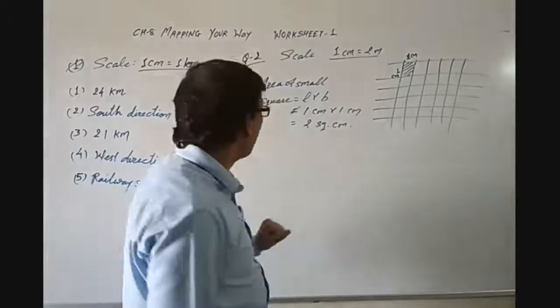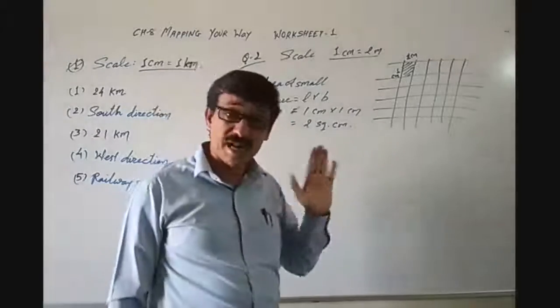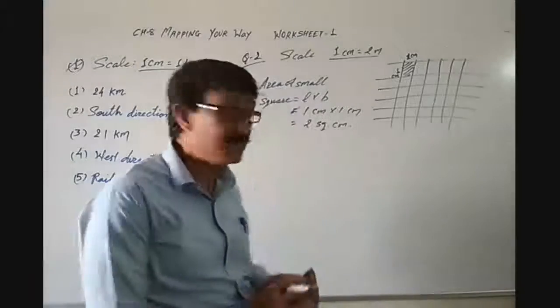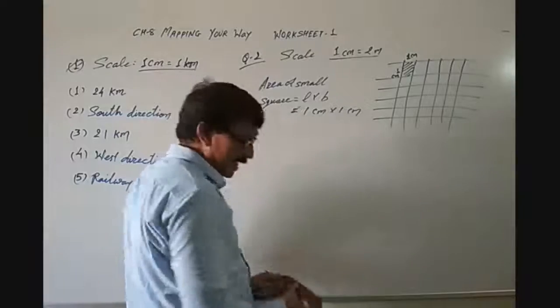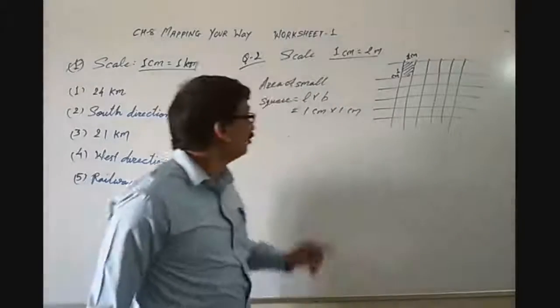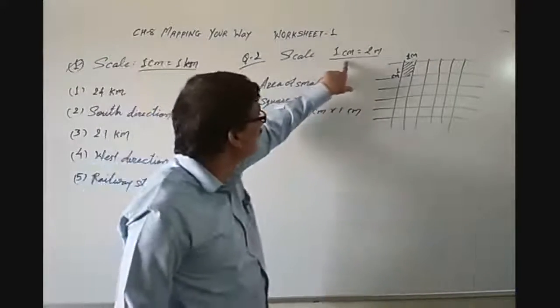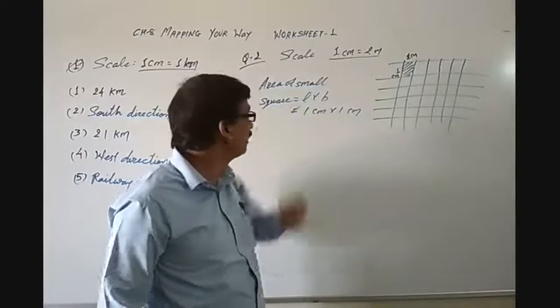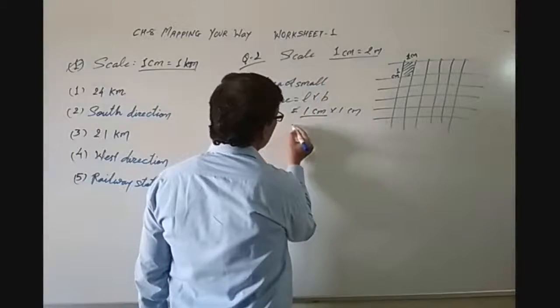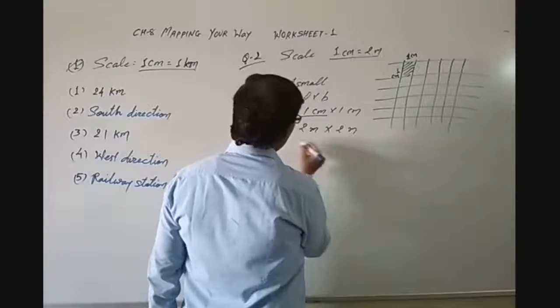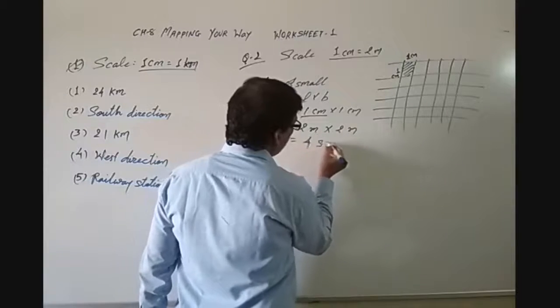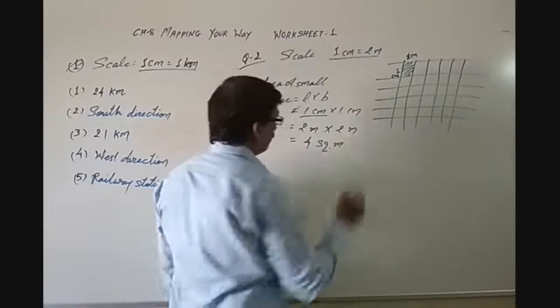Okay, now instead of writing this, suppose if I look into this scale, scale is what? 1 centimeter is equal to 2 meter, isn't it? So instead of 1 centimeter, I should write 2 meter multiplied by 2 meter is equal to 4 square meter.